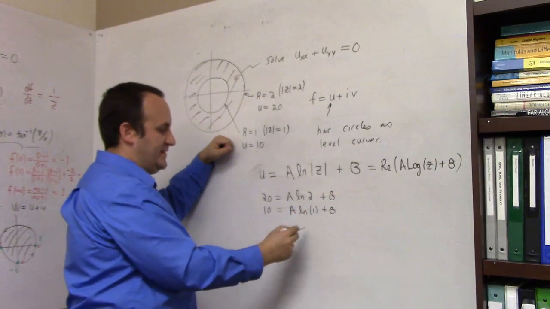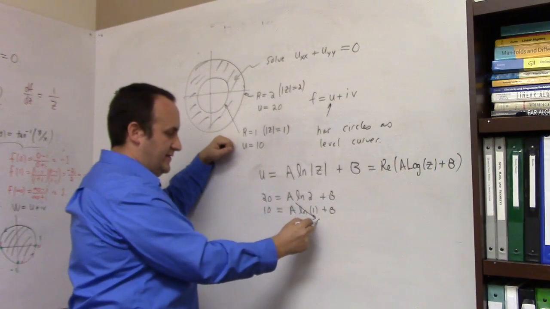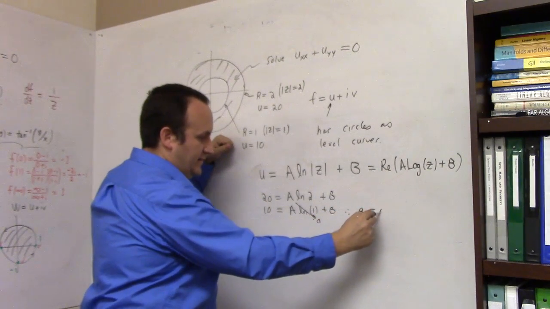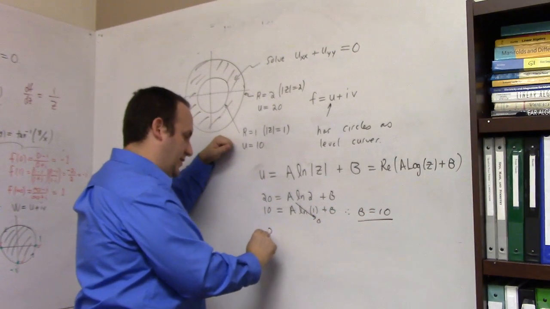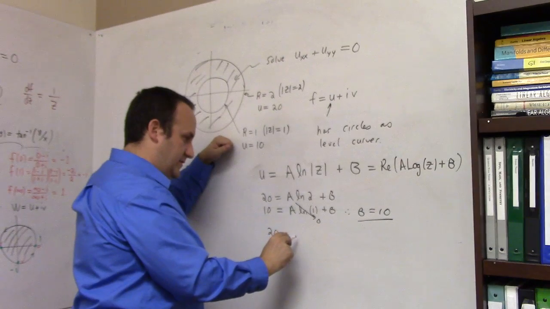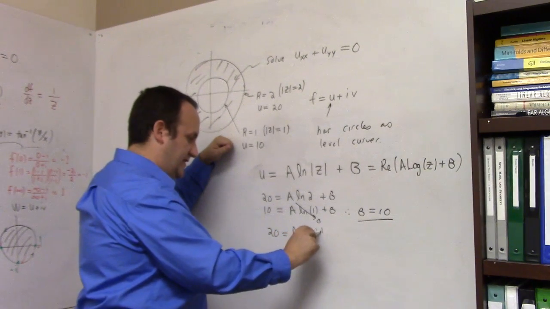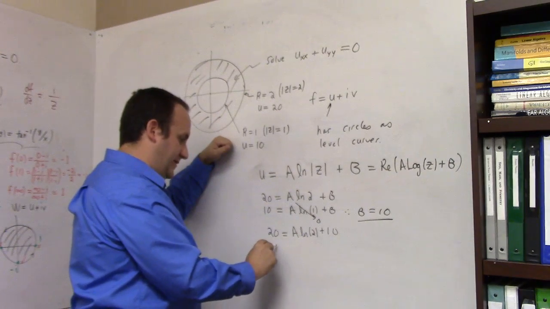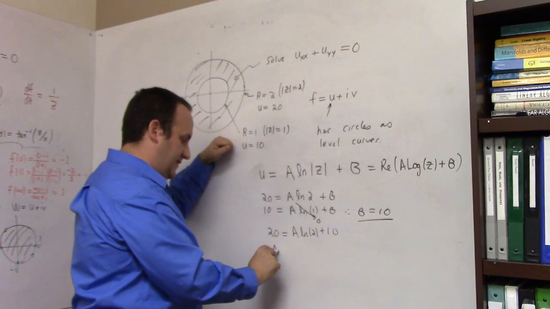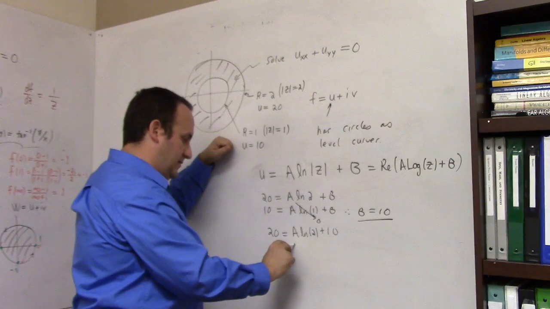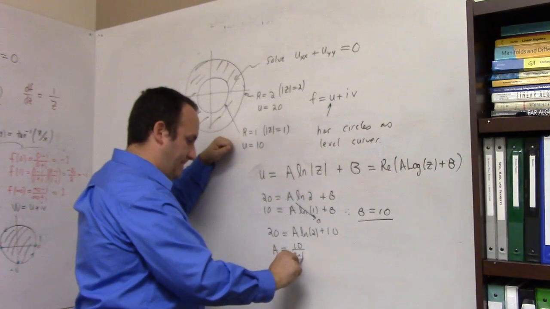Oh, well, that was nice. Log of 1 is 0, so therefore b is equal to 10, and 20 is equal to a log 2 plus 10, so a should be equal to 10 over log 2, right?